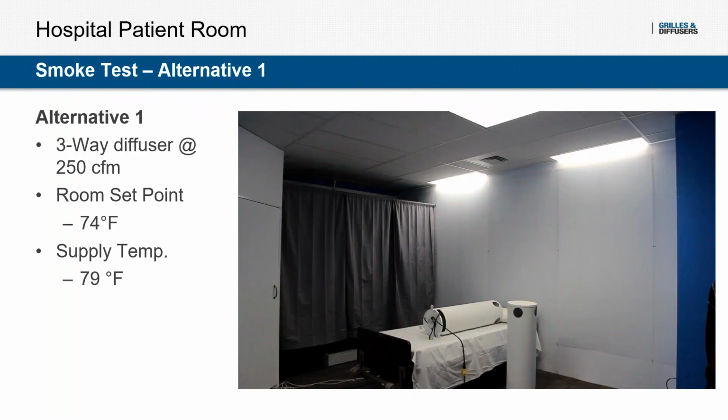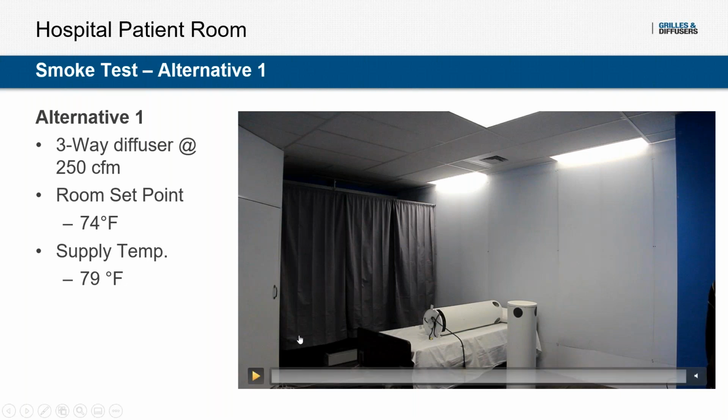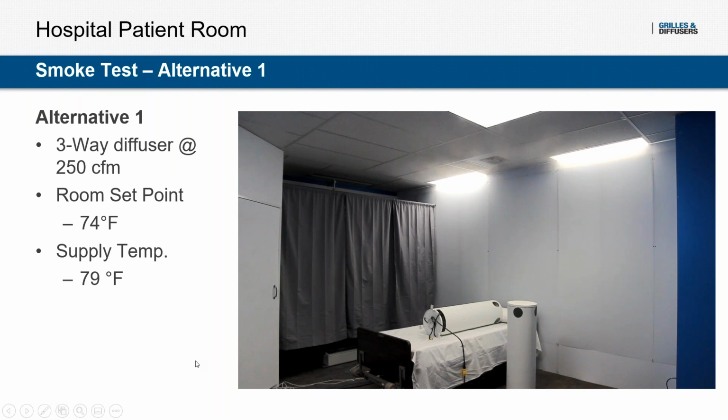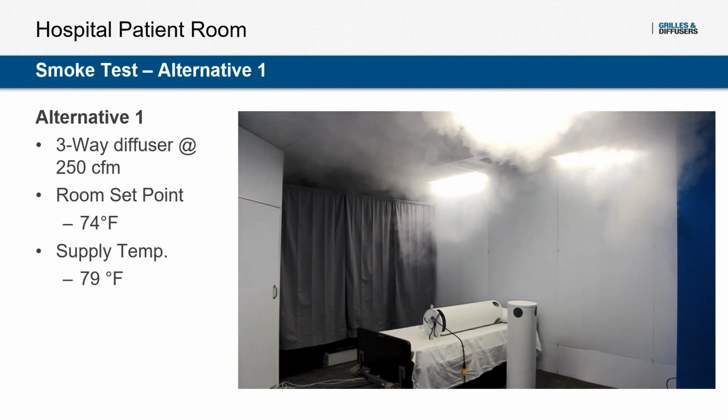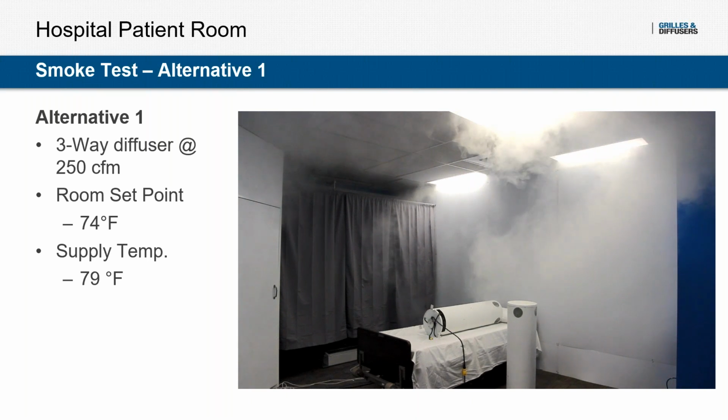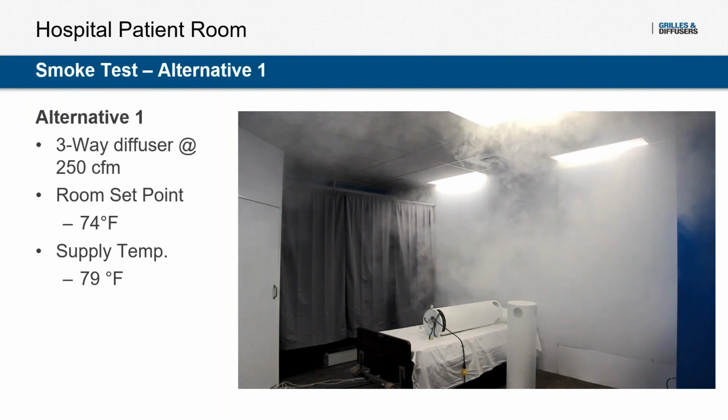So here is our first case, our first alternative with a three-way diffuser at 250 CFM. The room set point was 74 degrees and the supply air temperature was 79 degrees. We can see that unlike the radial diffuser, the air isn't dropping directly on the patient.